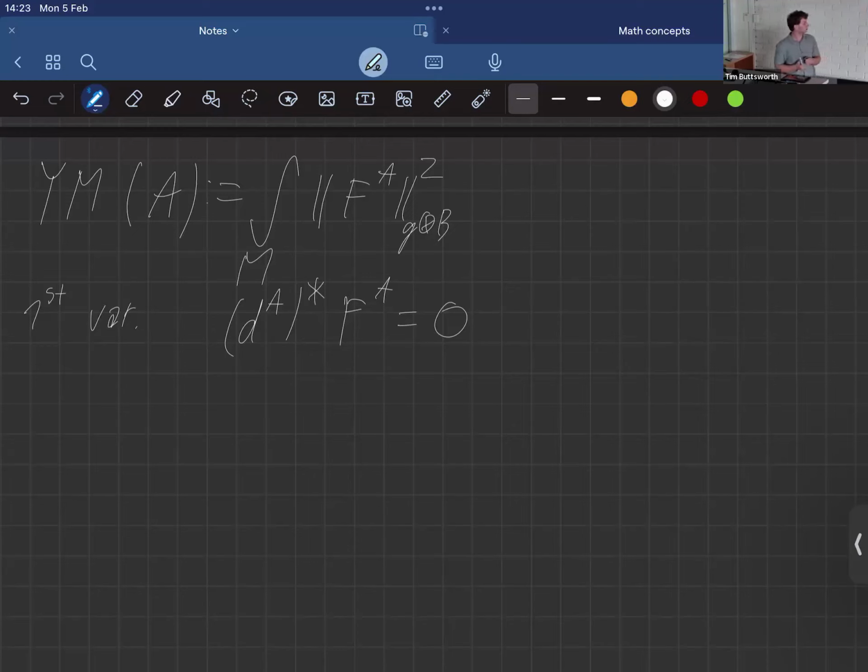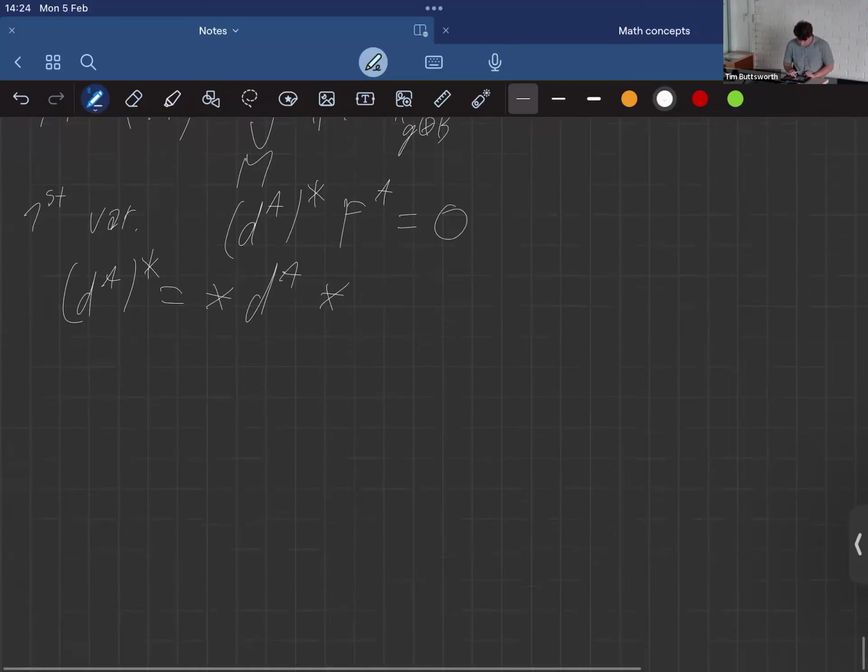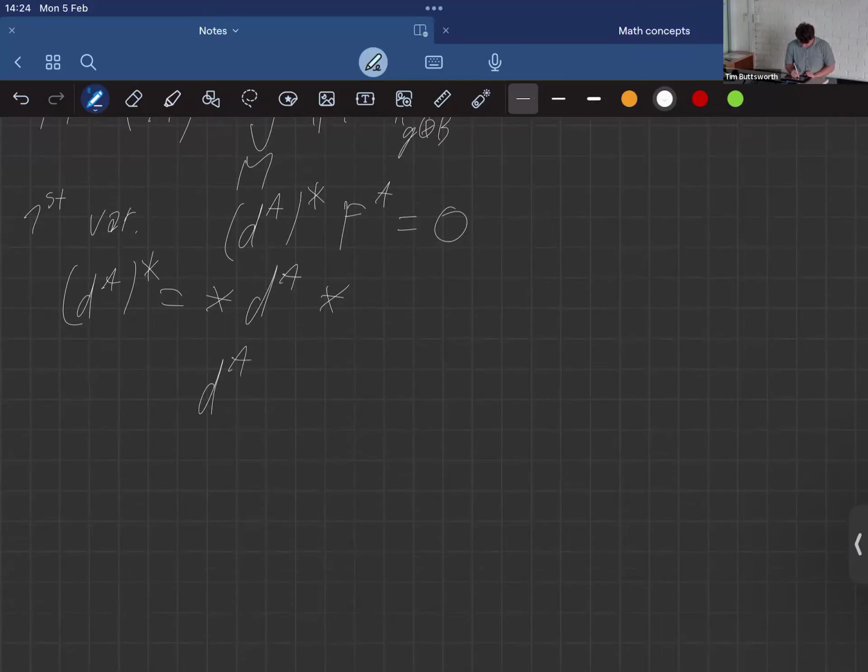Also, one thing which is quite easy is that, as in Hodge theory, the codifferential, or the adjoint to our differential, is again just star d star, where star is the Hodge star operator. So we can rewrite the equations in the following form. And this is what you usually see when you look for Yang-Mills equations.